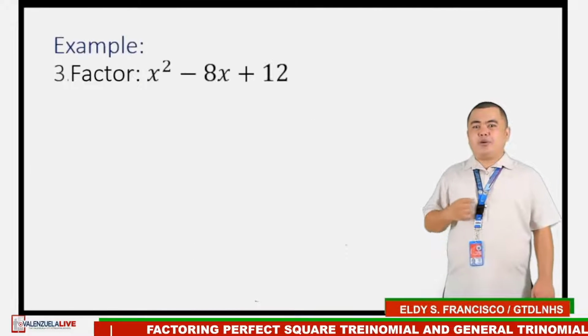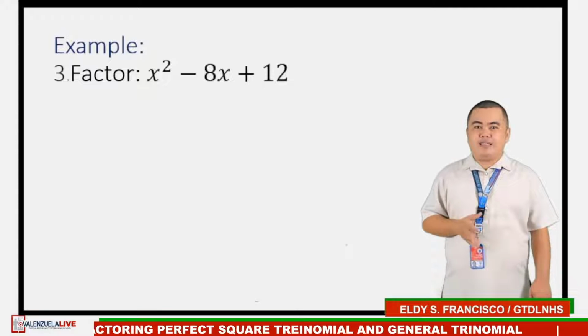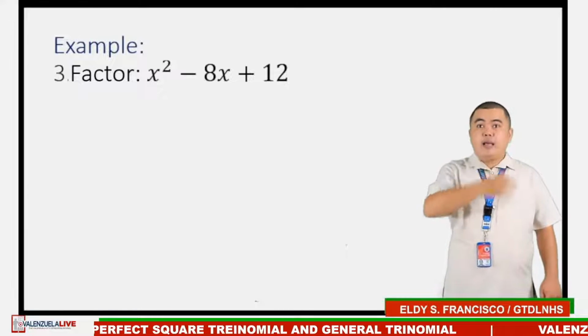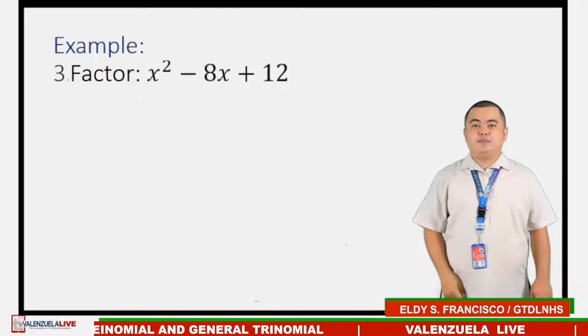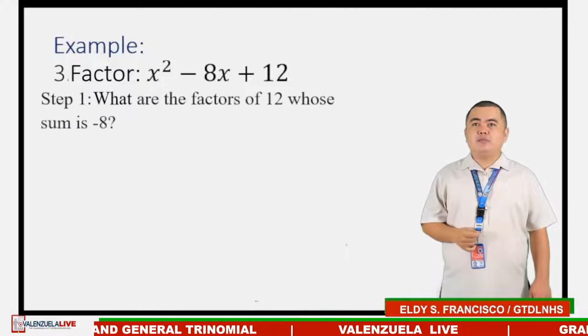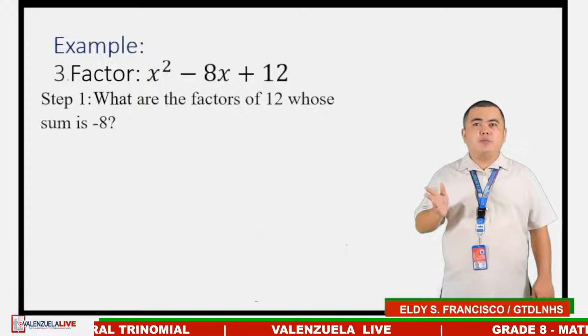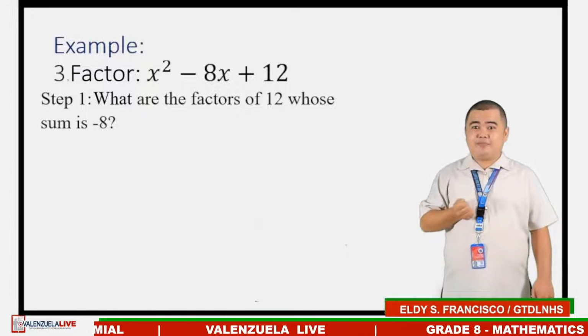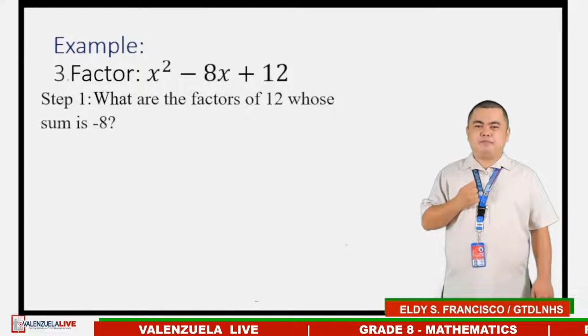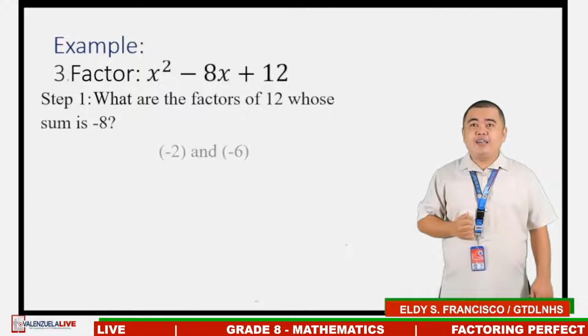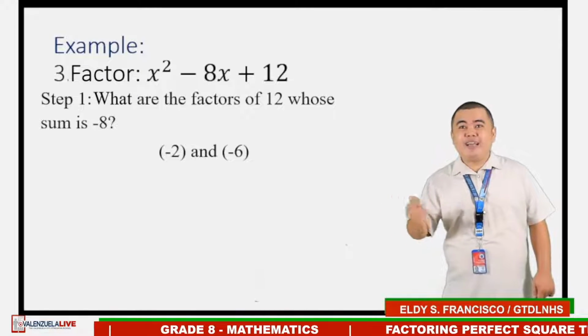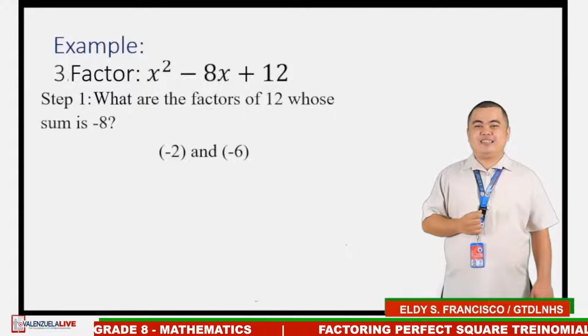For example number 3, let us factor it mentally. Factor x squared minus 8x plus 12. From step 1, what are the factors of 12 whose sum is negative 8? Let us think. Yes, very good. The factors are negative 2 and negative 6.